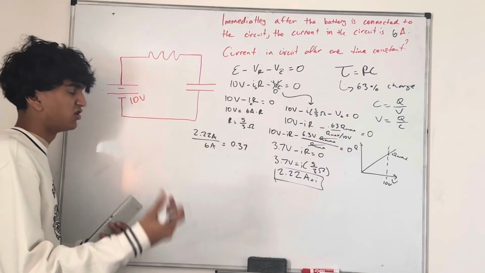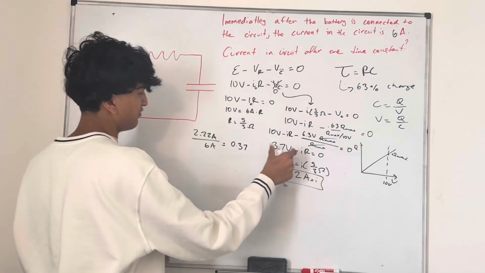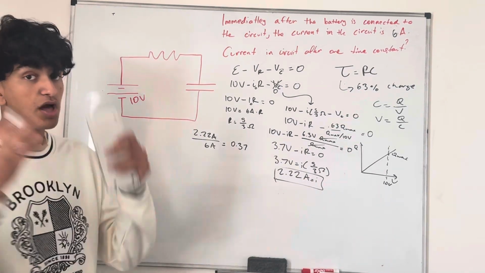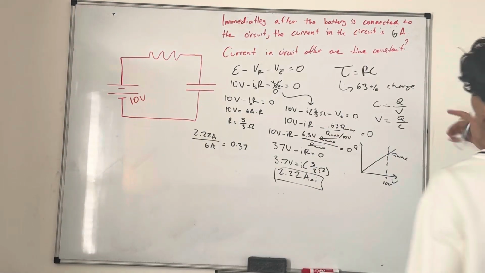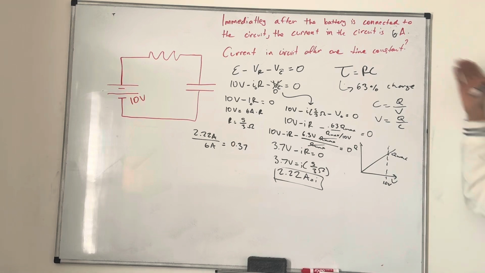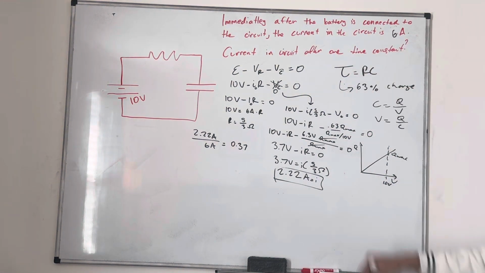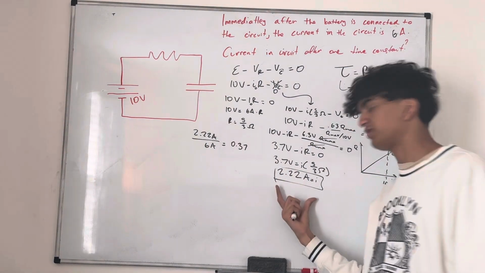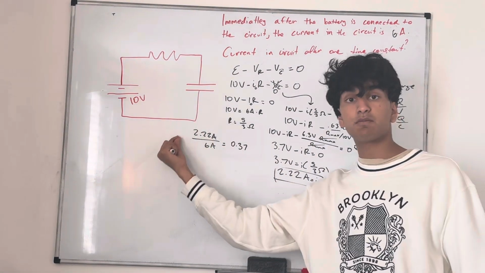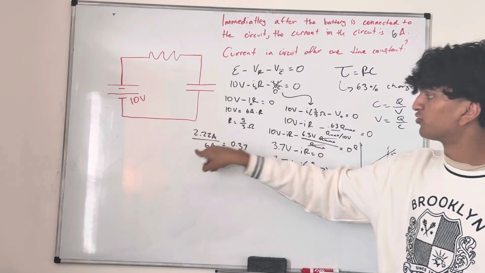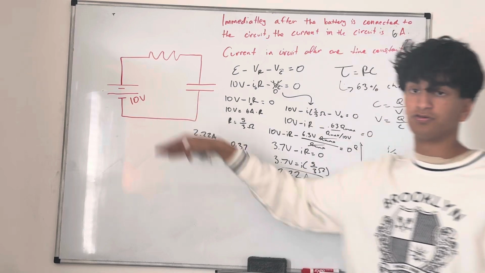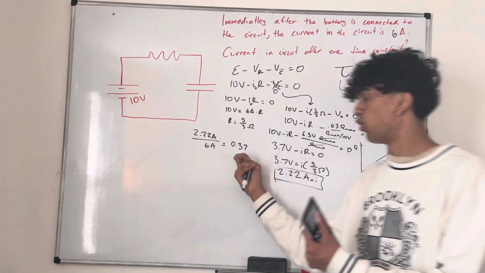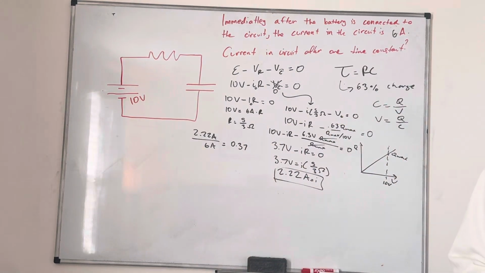Maybe you could think about that, because we have a 3.7 here, so maybe that's where the 0.37 is coming from. But no matter what this current is, if this was 9 volts, and the current initially was 9 amps and I did this whole procedure again, I wouldn't get 2.22, I would get some different number. But if I took that new result over 9, I would still get 0.37. I could make this voltage 12 volts and I would still get 0.37, no matter what.